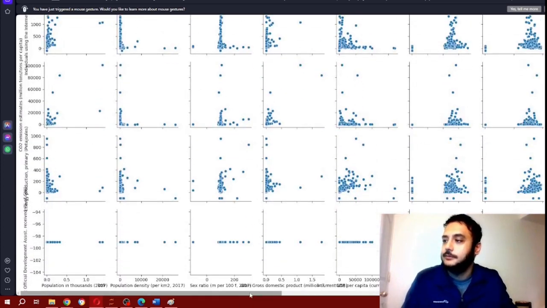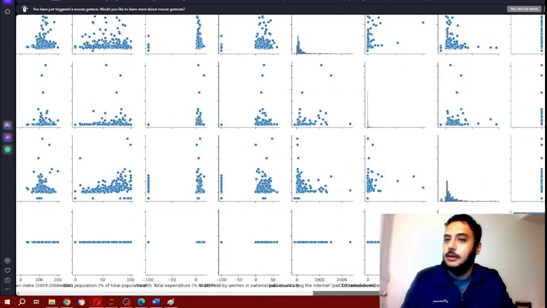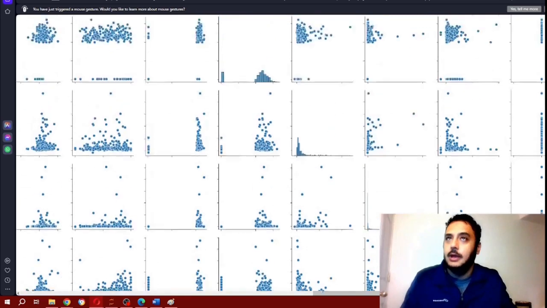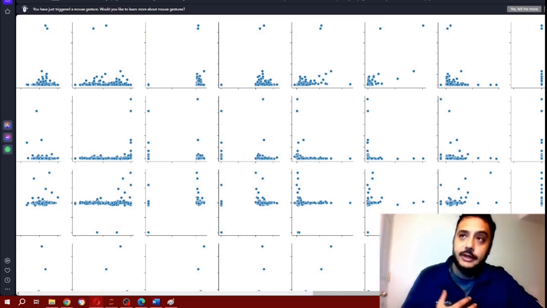As you can see, the two independent variables that I'm interested in are the GDP in millions, and that's one of the independent variables.